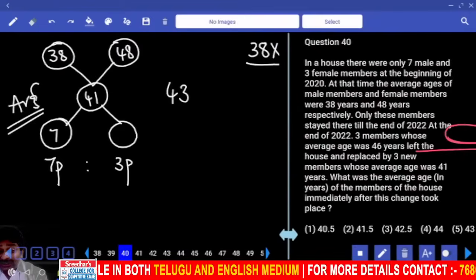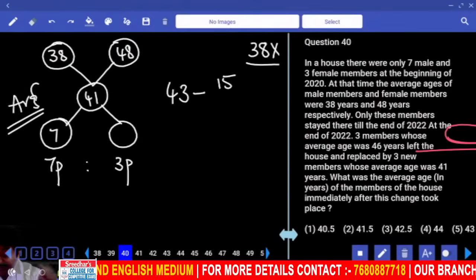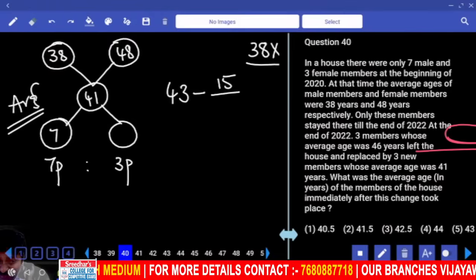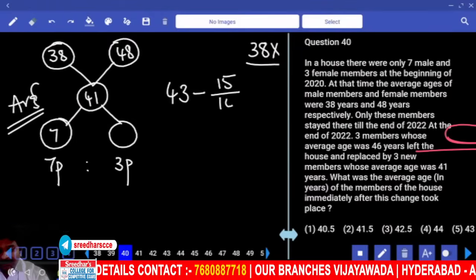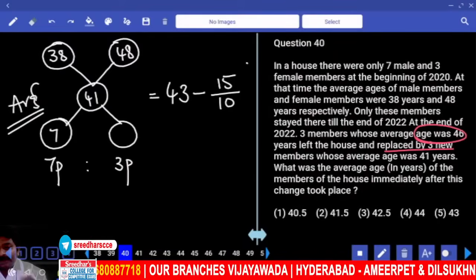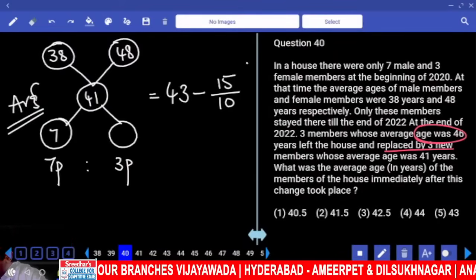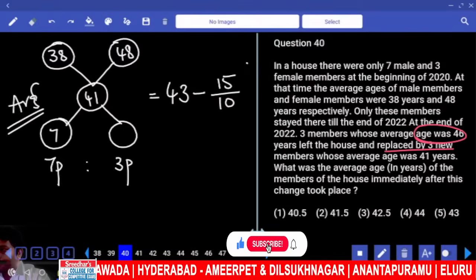Because of that total loss, the average will decrease. How much age decreased? This 15 must be adjusted among how many people now? 10 people. So for each member it decreases by 1.5. 43 minus 1.5, 41.5, done. Understood?